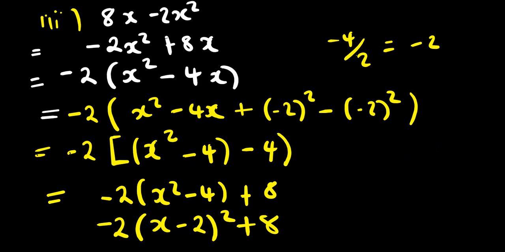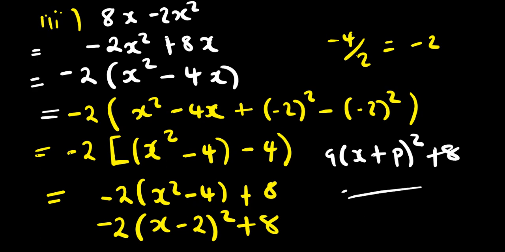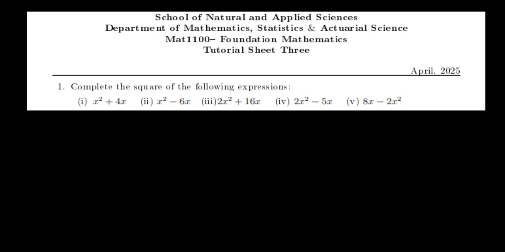So we've expressed it in the form a(x plus p) squared, the square is outside, don't leave it there, plus 8, or let me say plus q. So that's how we solve that one. Are we done with the first question? Okay, we're done with the first question.